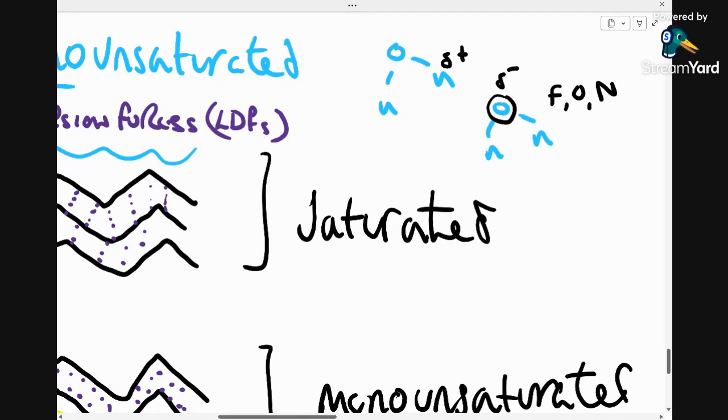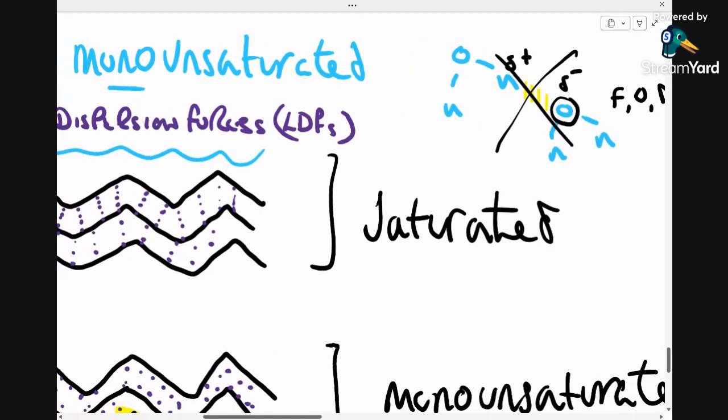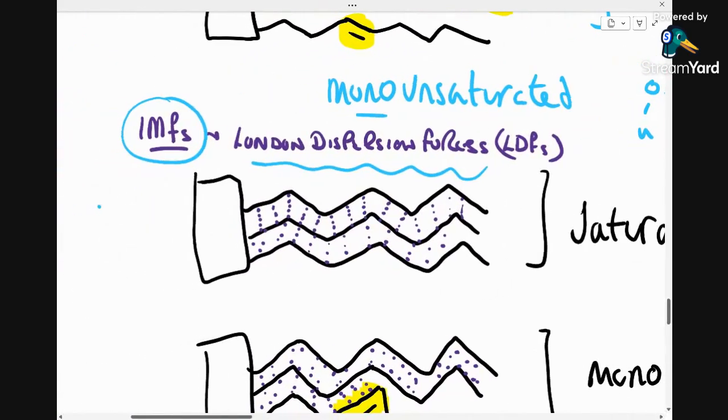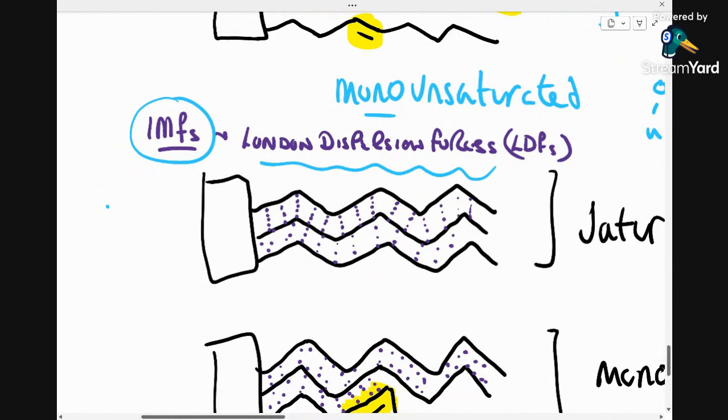That's what causes a hydrogen bond. We don't have that here. There's no delta positive hydrogen near an electronegative oxygen, fluorine, or nitrogen. It's just carbons and hydrogens. So although there are hydrogens present, it is not hydrogen bonding. It is London dispersion forces.